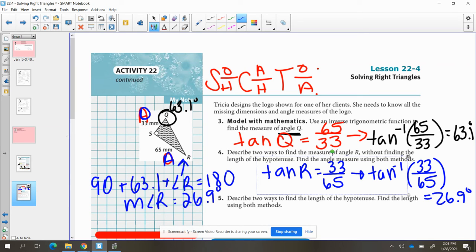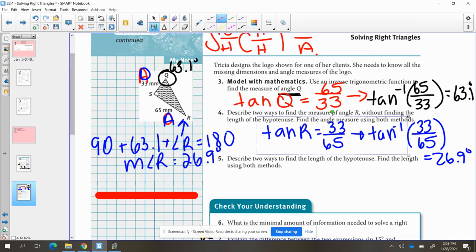Now, in order to find the hypotenuse, you have a couple different options. Maybe you want to use trig. Maybe you want to use sine, cosine, and tangent. Maybe you're recognizing the fact that that's the hypotenuse and you have the two legs of that triangle. You could use Pythagorean theorem.